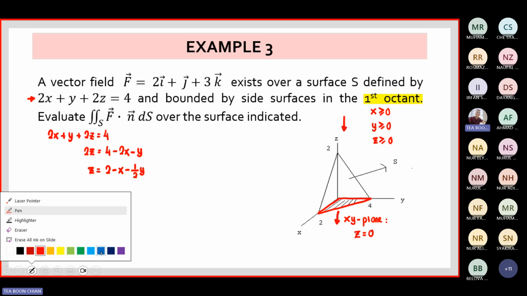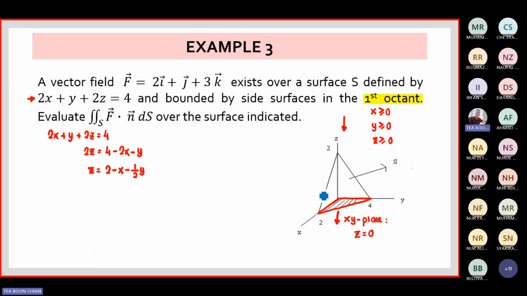So here, this plane, when viewed from above, has this triangle plane. Therefore, this is S1, z equals to 2 minus x minus half y. The second surface will be the XY plane, the shaded region here, z equals to 0. Now, this is what I mean by parametrization. When you have parameterized the variable z, now in your mind, this z becomes the function f.